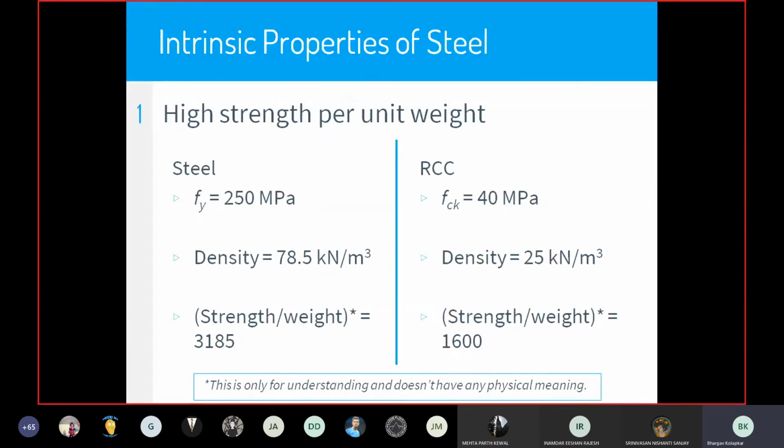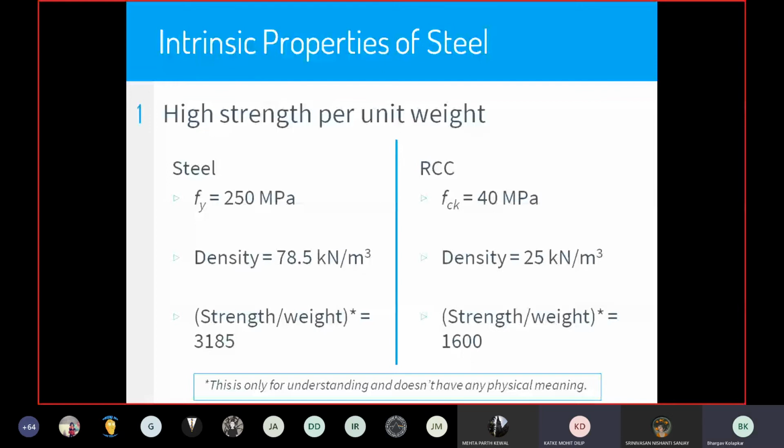So this might need a little understanding, but can someone answer how it is practically important that the strength to weight ratio of a material is high? How does it help us? Anybody? Lighter materials carrying the load of heavier, like higher loads.